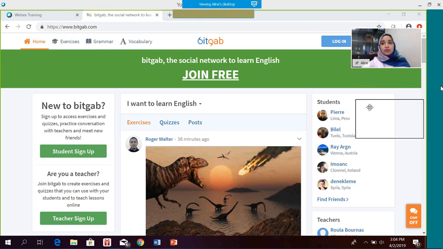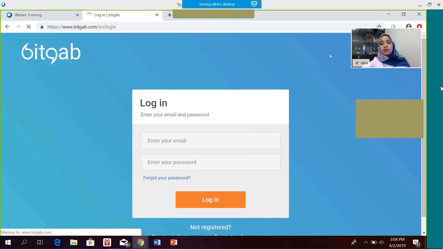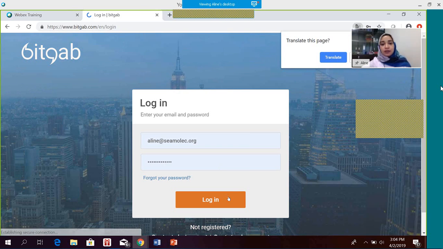So here, if you access www.bitgap.com, they will request you to log in or to sign up. If you don't have an account, you can use this button, student sign up or teacher sign up. Okay, I will try to log in using my account.